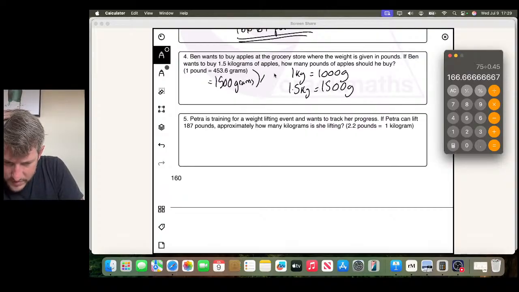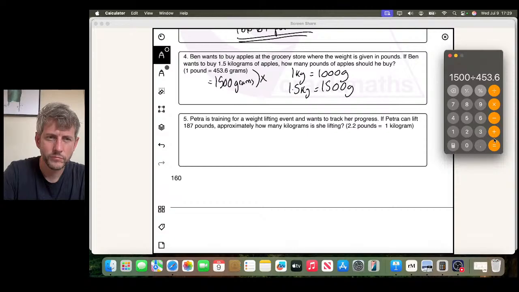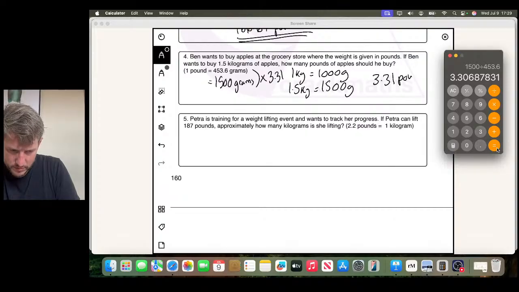So we do 1,500 divided by 453.6. And here we go. So that's going to be 3.31. Okay, so that will be 3.31 pounds.